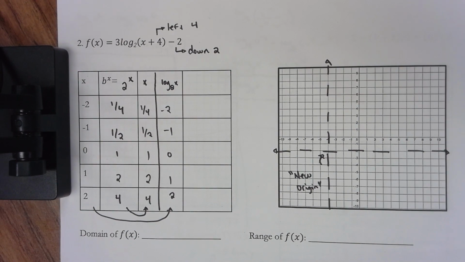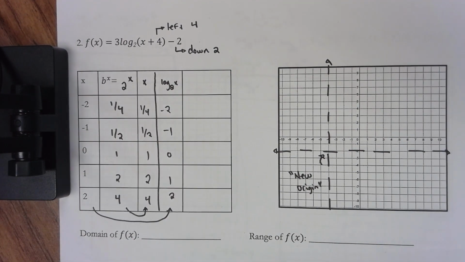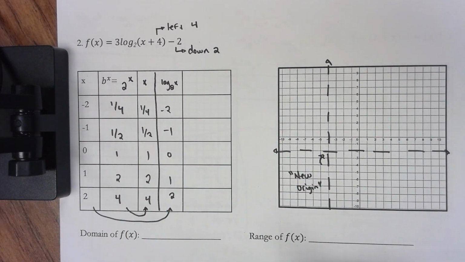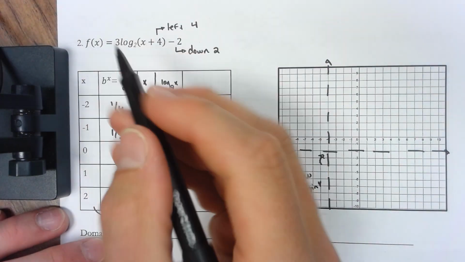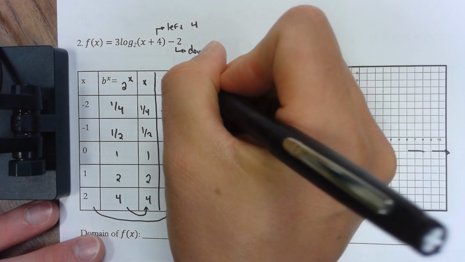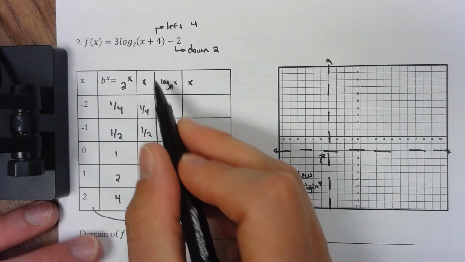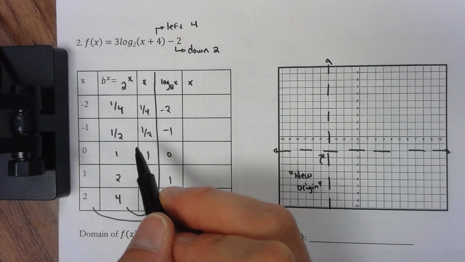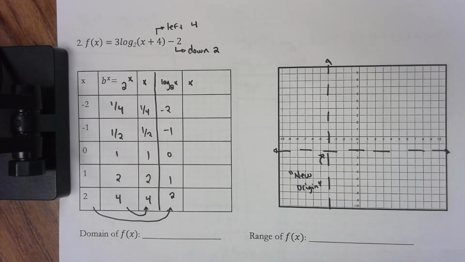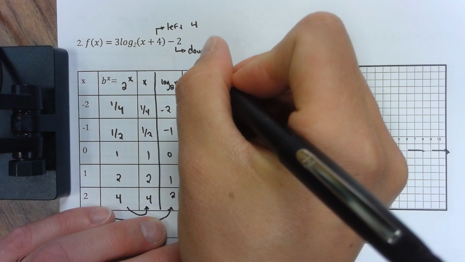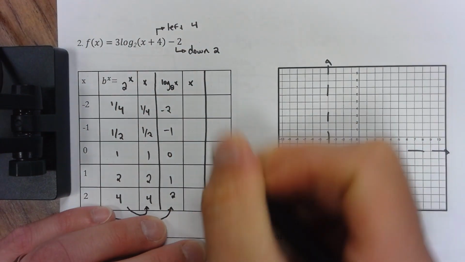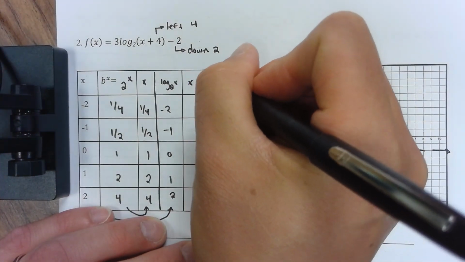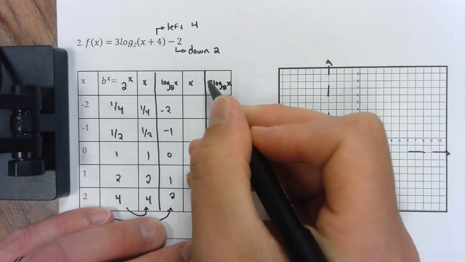And then we have one more thing to do. The last thing that we need to do is figure out how we are going to apply this vertical stretch of 3. Well, what's happening is the x is not changing at all, right? We're still taking log base 2 of x. It's just that log base 2 of x then is going to get multiplied by 3. So how we account for the 3 is we multiply all of the y values by whatever number we have here.